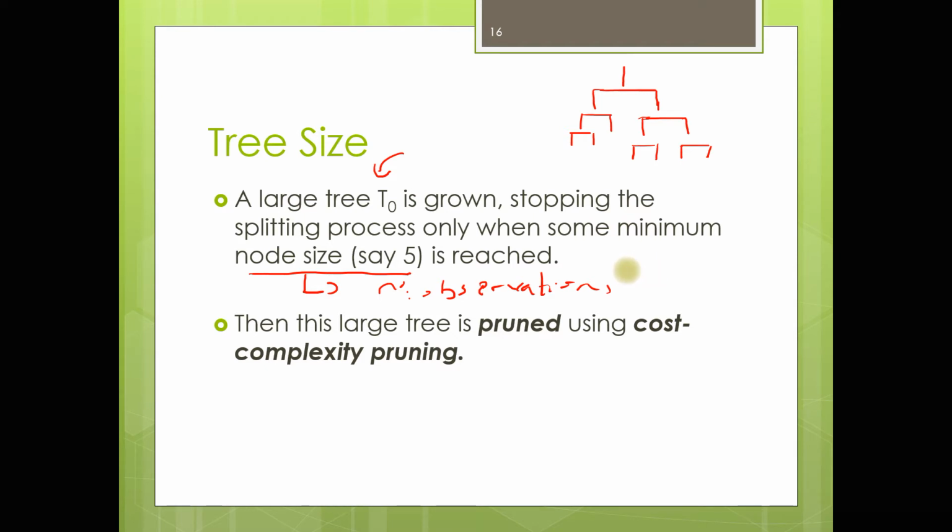Now, one of the problems when a tree is grown to a maximum size is that normally this tree will perform very poorly on an independent data set.